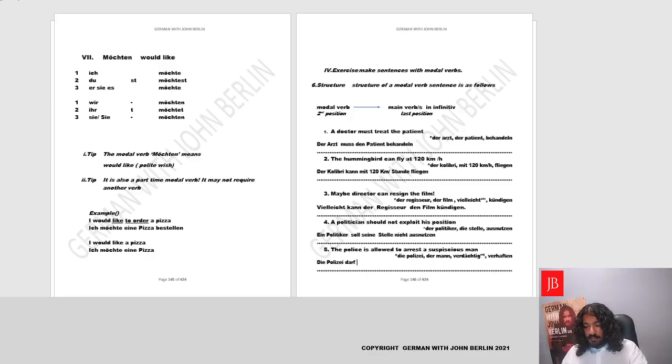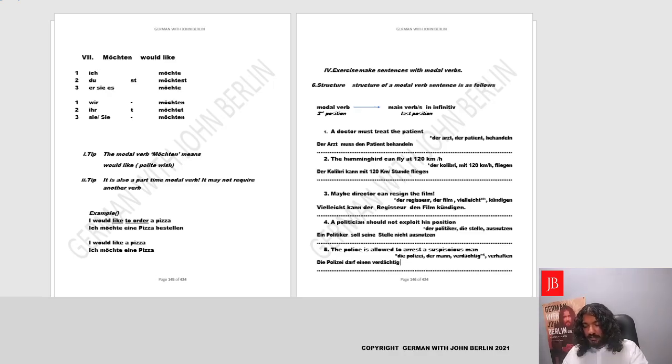Now, whom can the Polizei arrest? A suspicious person or a suspicious man. So we'll go to accusative, and it'll be indefinite article here, so it'll be einen. Perfect. So die Polizei darf einen. What is suspicious? It's verdächtig, and the adjective ending, if you follow the 3 steps, identify the table, indefinite article, case is accusative, and gender is masculine.